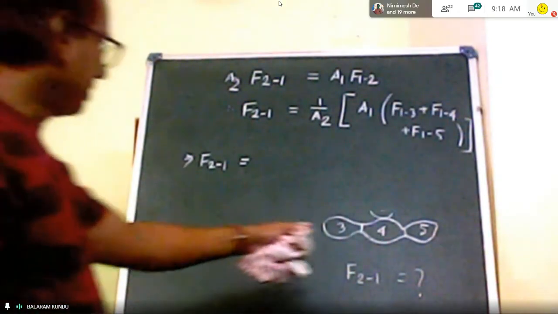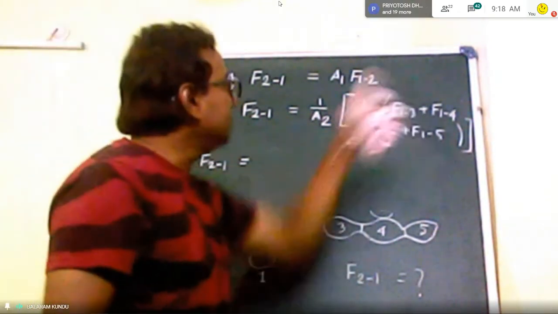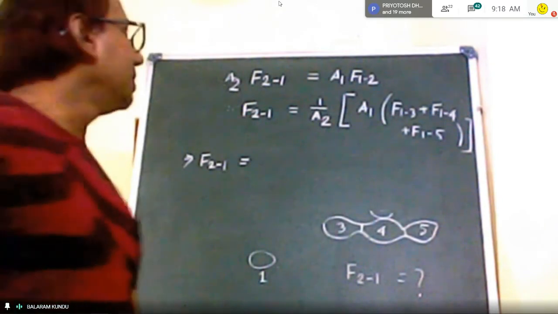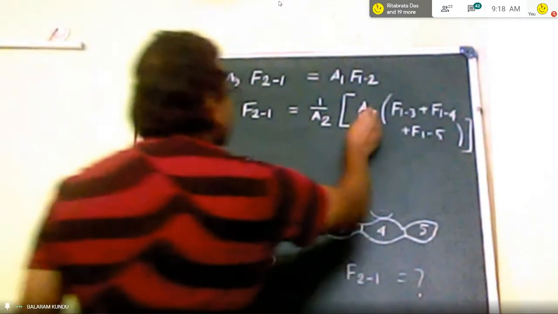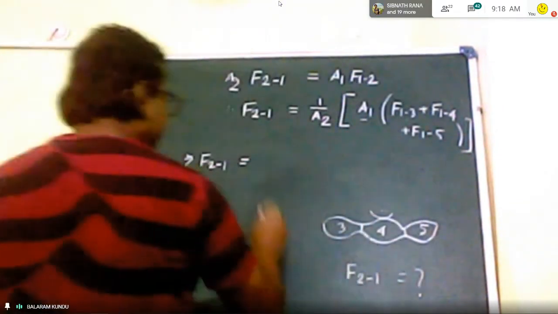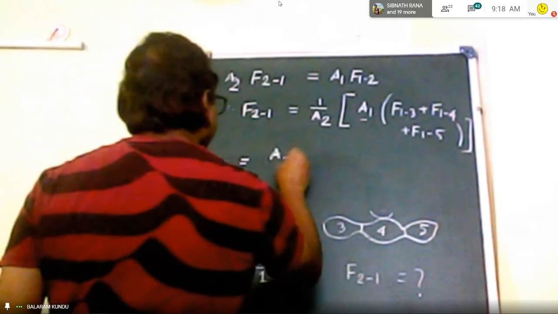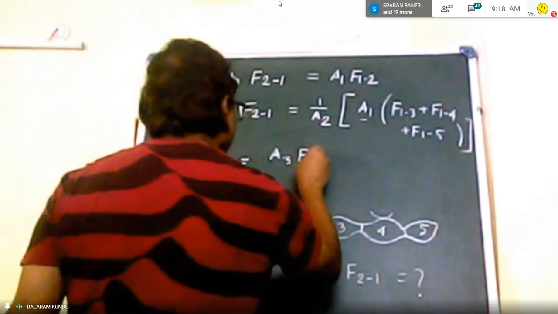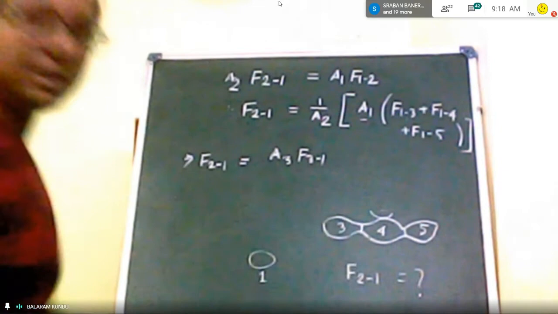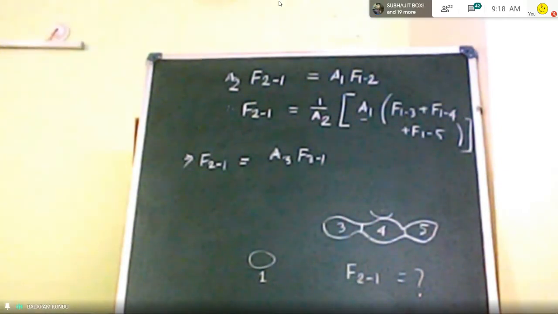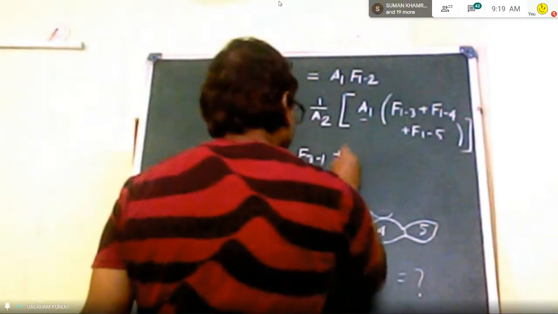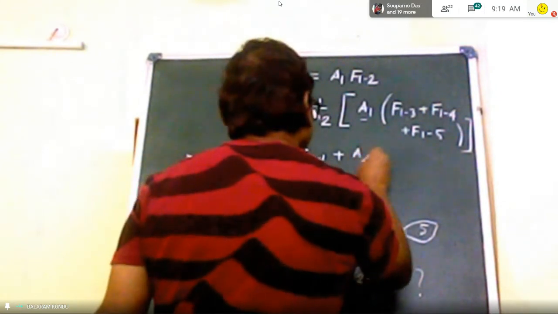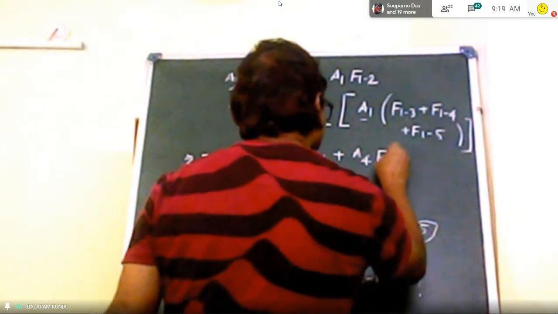From the reciprocity relationship, a1 into f of 1 3 should be equal to a3 into f of 3 to 1. Then the second term, a1 into f of 1 4, will be a4 into f of 4 to 1.